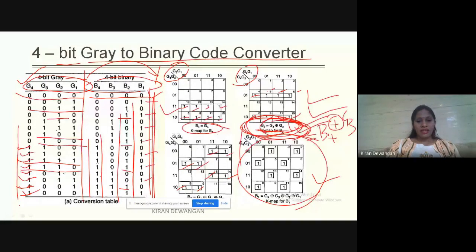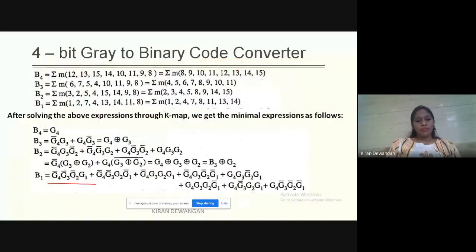So we'll be having 8 min terms, 8 product terms, which has all the 4 variables present in it.